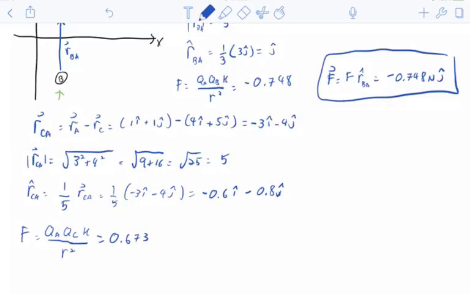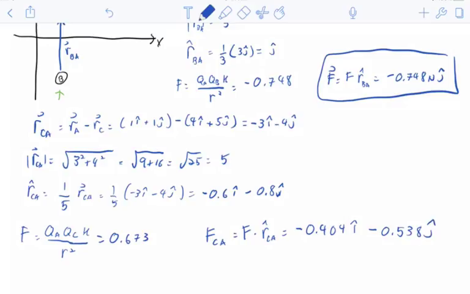And then the force from CA is going to be that force times R hat CA. So it's going to be equal to that.